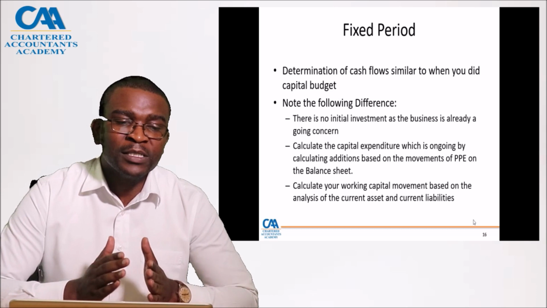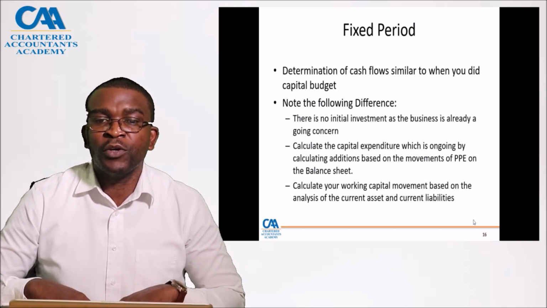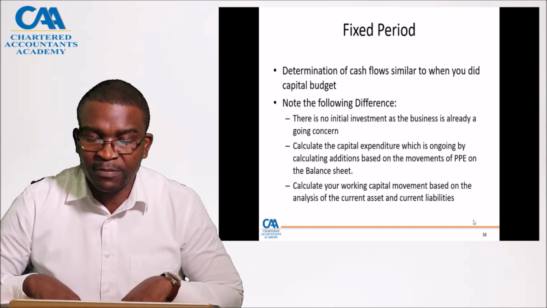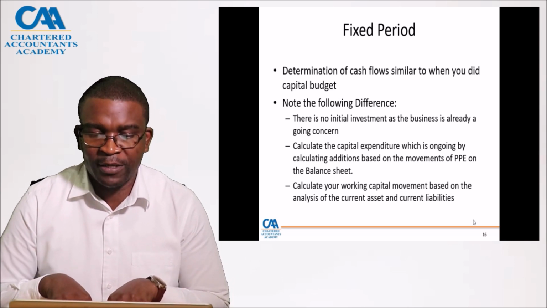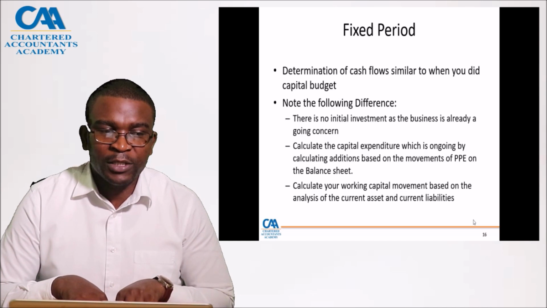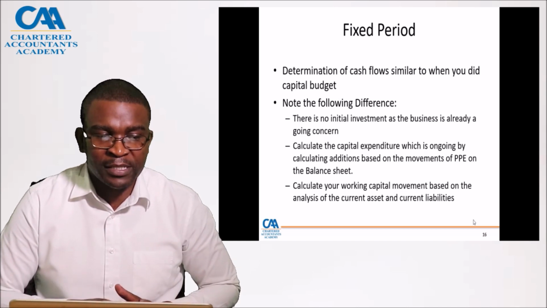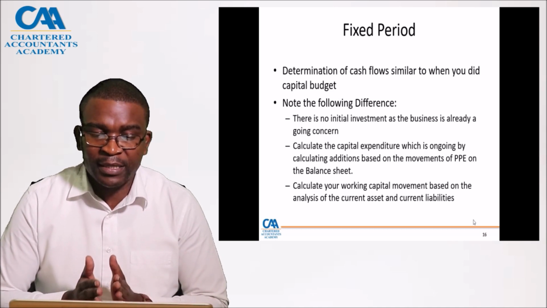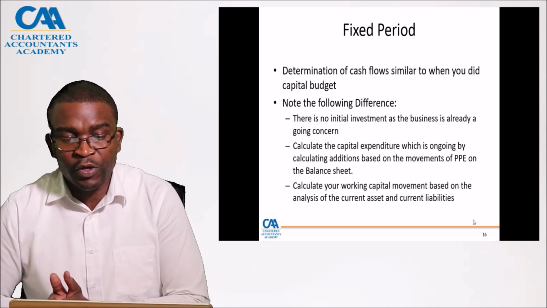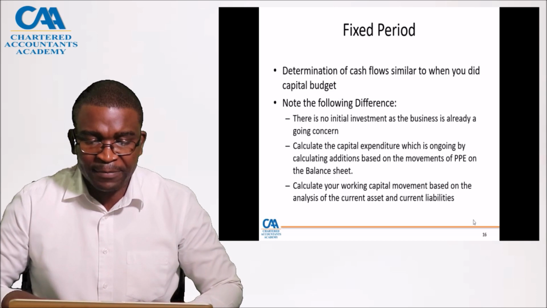Number 1, because in this case you're looking at a company, you're not going to get an initial investment as the business is already a going concern. Whilst in capital budgeting, when you did investment appraisal, there was an initial investment to buy, be it a plant or what. In this case, the business is already a going concern, so you're not going to get that.